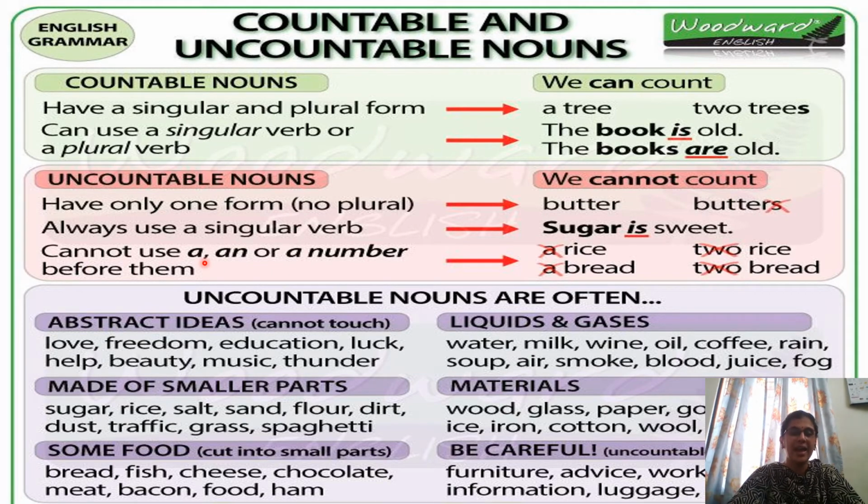Cannot use a, an or a number before them. So you know the articles, right? A and an are also used to denote the number 1. So you cannot use these articles or a number before them. A rice, a bread, two rice, two bread. You cannot use a, an or any number before an uncountable noun. Here you can see a lot of examples of uncountable nouns, which cannot be counted.